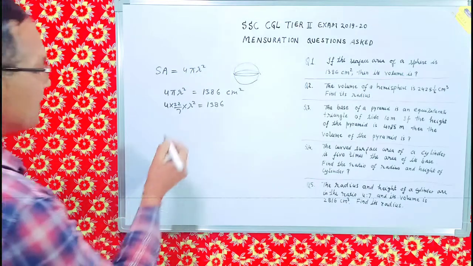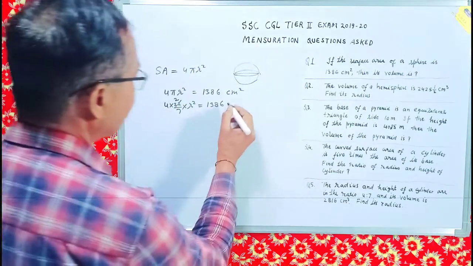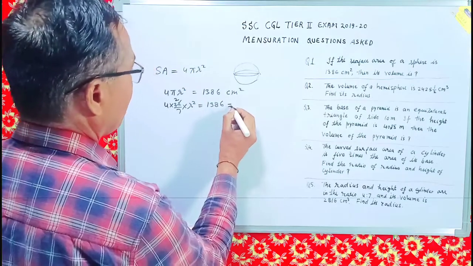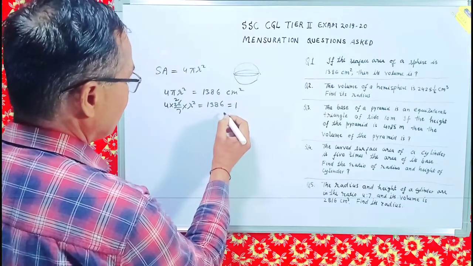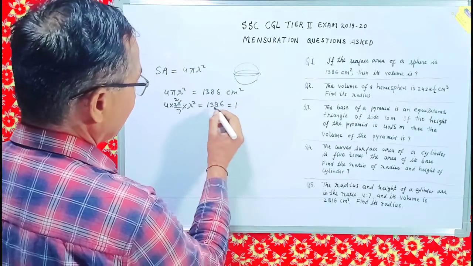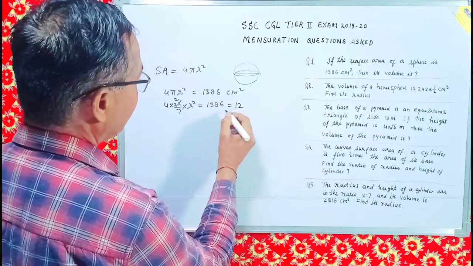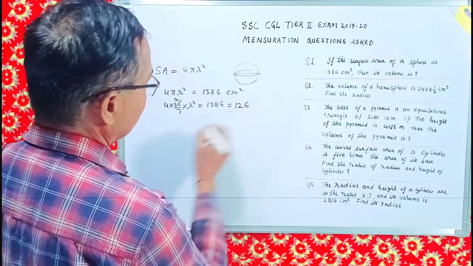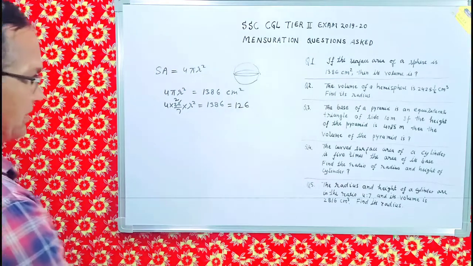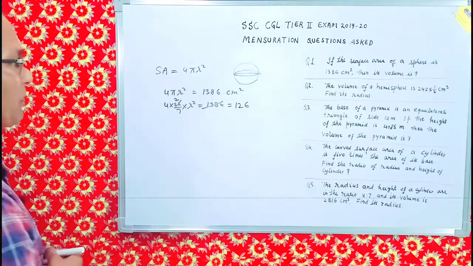Now we can cut this 22 by 11 two times, and we can cut 1386 by 11, 126 times.